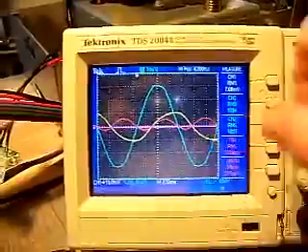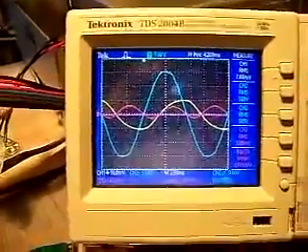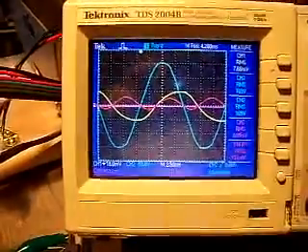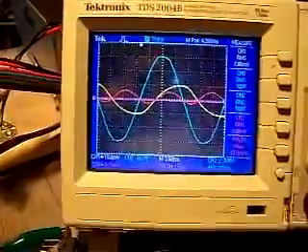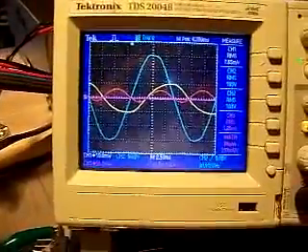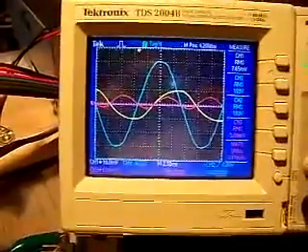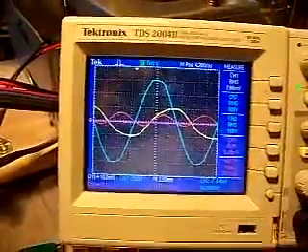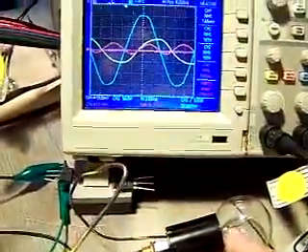The purple sine wave is the power or the voltage across the load, and the red sine wave is the power.